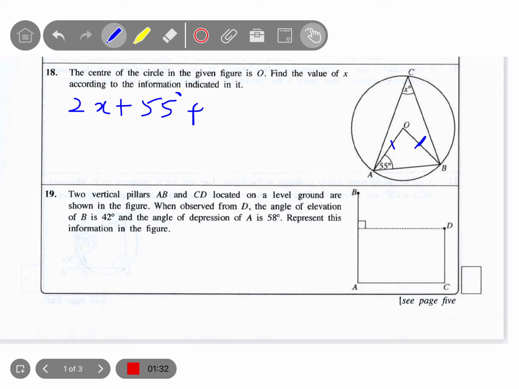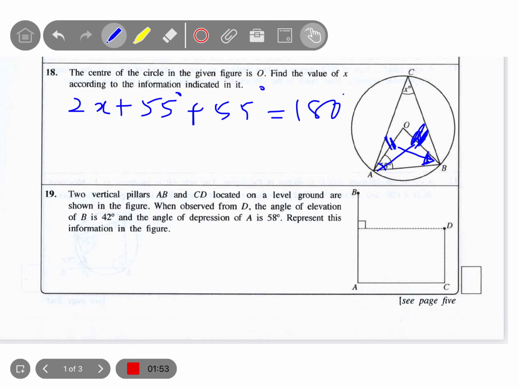So this means this angle, the opposite is this one. For this particular side, opposite is this. So if these two lines are equal in length, these two angles should also be equal. So then this angle should be 55 as well. So you write 55, so then 180.